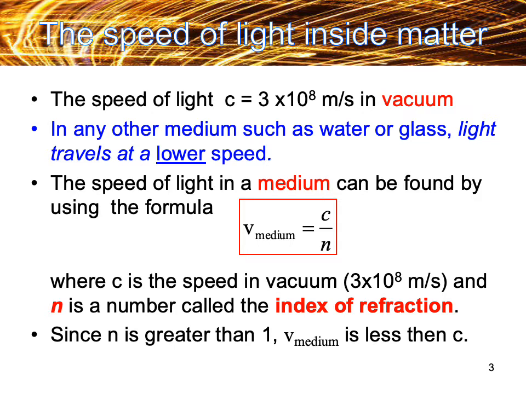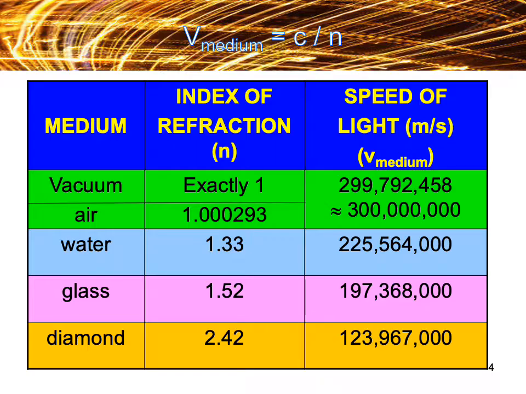And because we set the speed of light in the vacuum to be 1, this number n is always greater than 1. And these are the typical indices of refraction for various media.